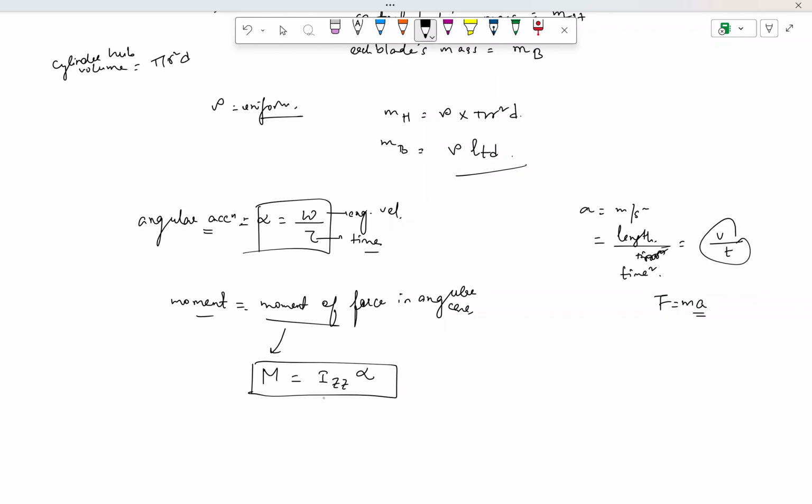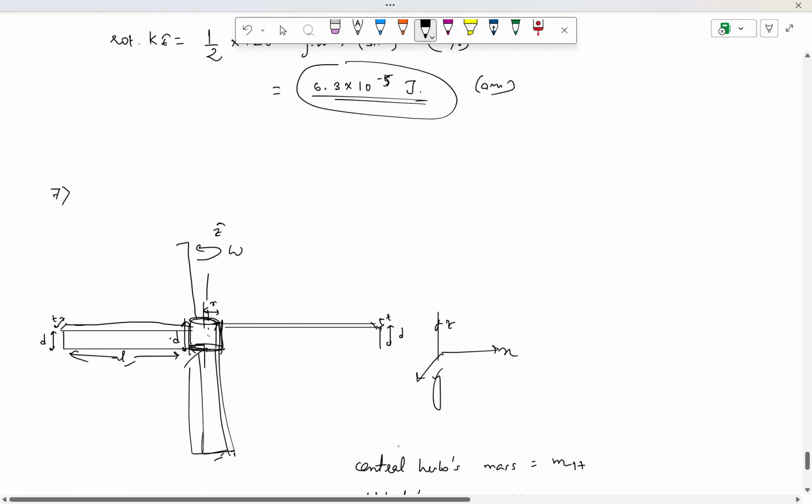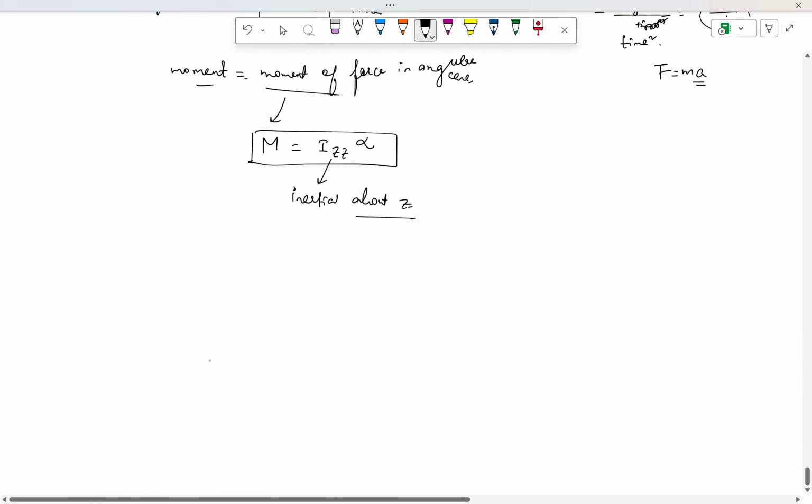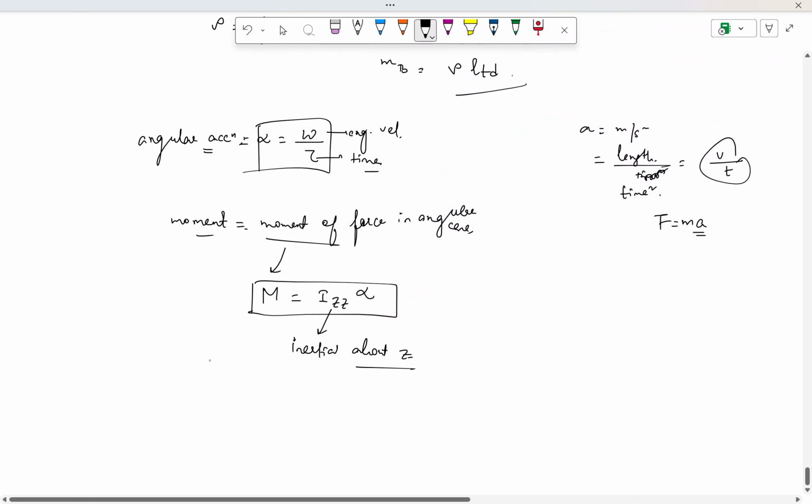Now why is such a thing chosen? Because Izz is the moment of inertia about the z axis, which is valid here because the whole thing is rotating about the z axis. So the rotational axis is the z axis, and the moment of inertia needs to be taken about z.